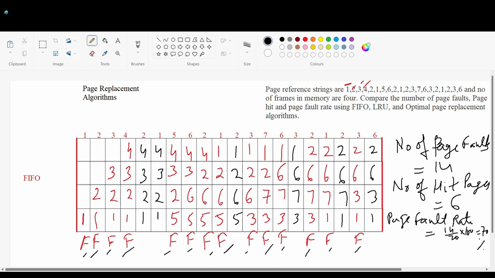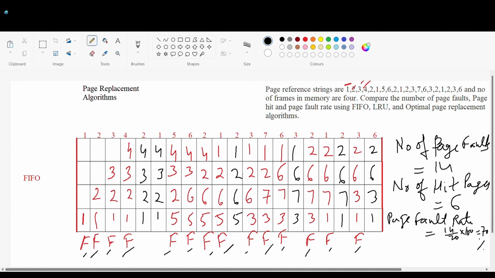Okay, so 1 is recently used, 2 is recently used, and 4 is recently used, but 3 is the page that is not used for a longer period of time, right? So 3 will be replaced by 5. Understand this point? So 5 will be here, 4 will be here, 2 and 1. So this is a page fault.